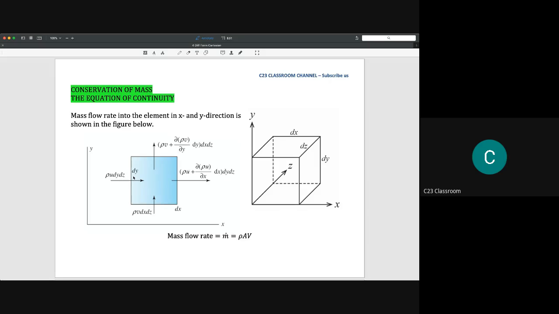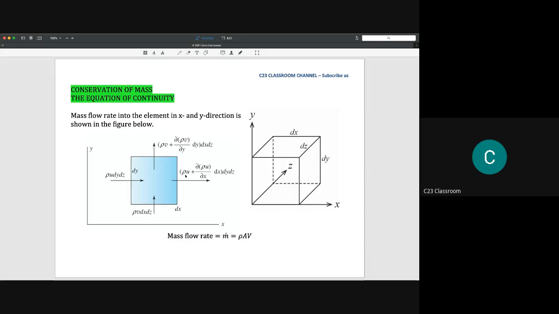So dy dz is the cross-sectional area, and the V is denoted as u because it is the velocity along the x-axis. For the outlet, the equation remains the same, rho A V. The most obvious one is dy dz, the cross-sectional area, because we assume the cross-section at the outlet remains constant, the same as at the inlet.